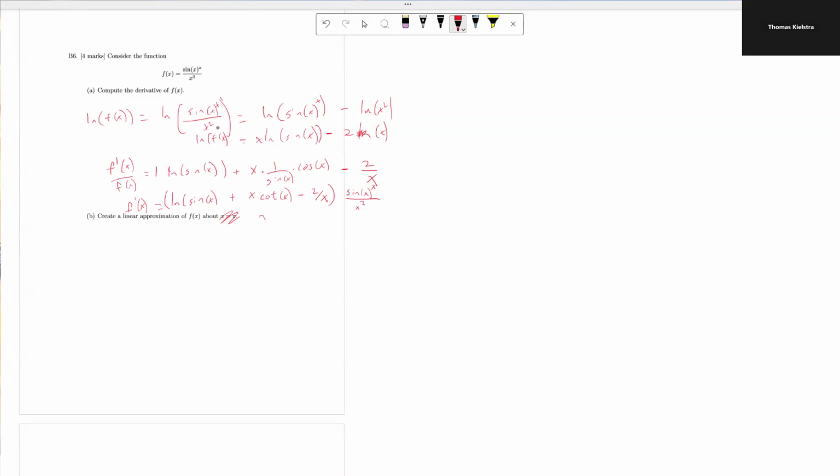Instead, a better number is x equals pi by 2.